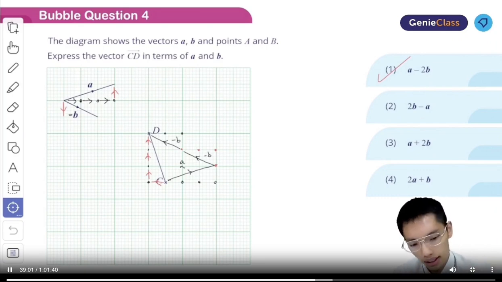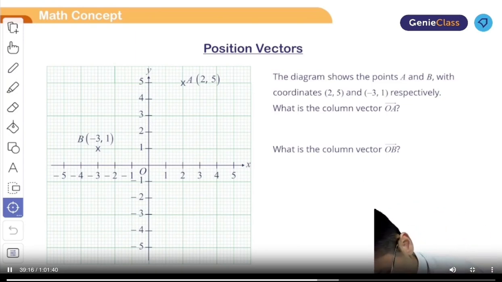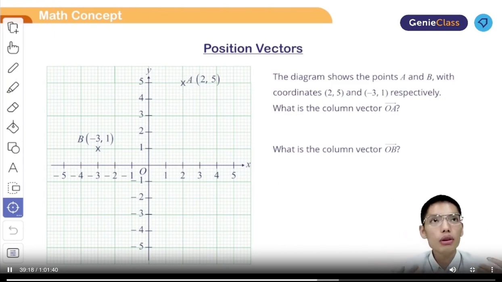Okay, right? Now, let's understand position vectors. Position vectors just represent the coordinates, the positions of these vectors. As a column vector, my coordinate here is 2, 5. So how do I represent this column vector OA? Anybody else want to try? How do I represent it in my form?